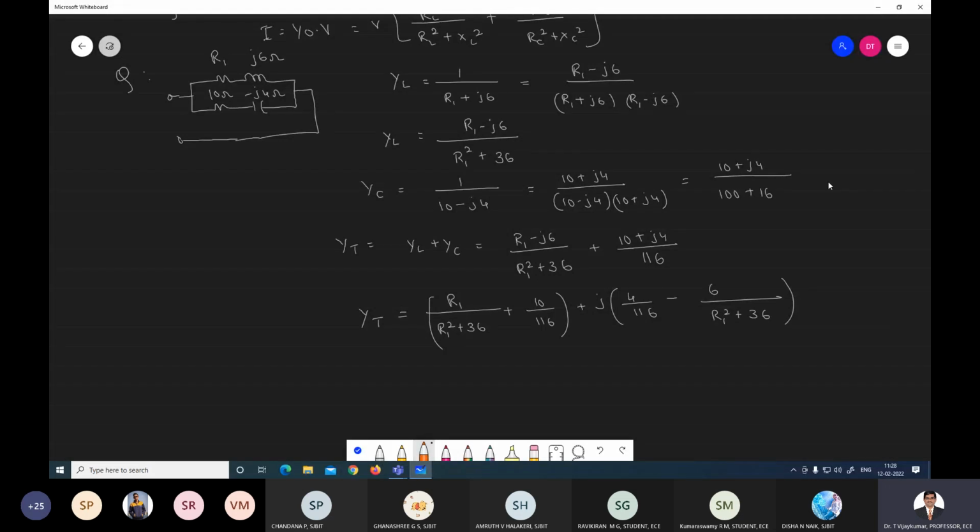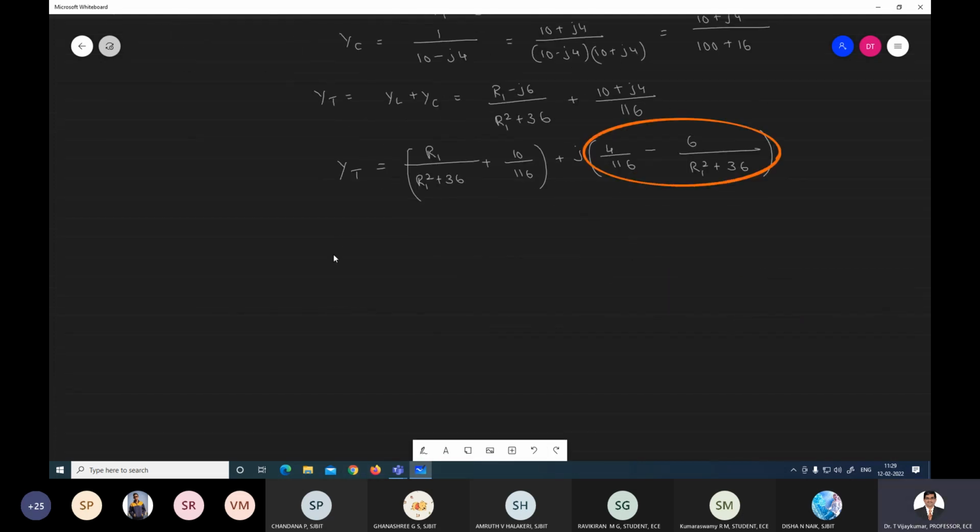Susceptance means this term is 0. That is 4 by 116 minus 6 divided by R1 square plus 36 is equal to 0. That is 4 by 116 is equal to 6 by R1 square plus 36. Further you can simplify. This is 2 2s and this is a 3.